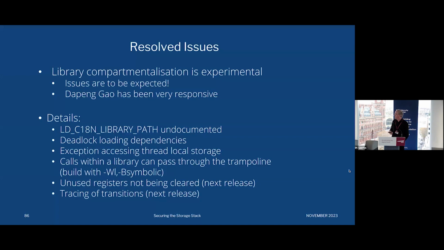We hit a deadlock loading dependencies, exceptions accessing thread local storage, and calls within a library, actually no library transition involved, but they were going through the trampoline code as well, and that was causing some problems. The other thing that's coming in the next release is that registers that weren't being used weren't being cleared in the version we were working with, and there wasn't an easy way of tracing the transitions.